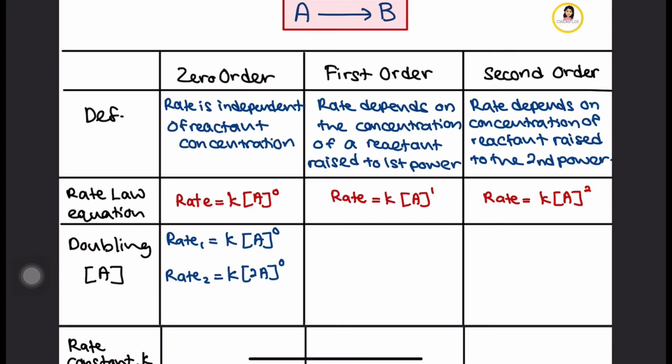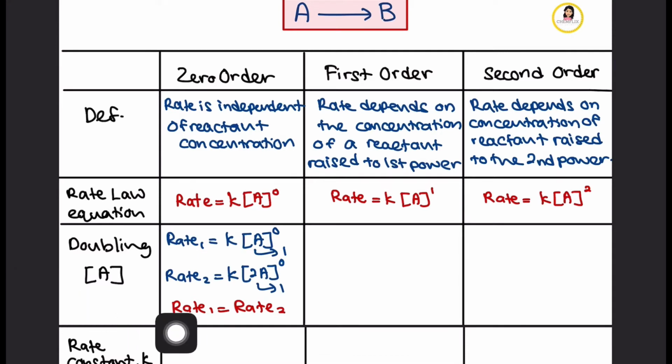Since anything to the power of 0 is equivalent to 1, therefore rate 1 will be equivalent to rate 2. Thus, for zero order reaction, doubling the concentration of reactant has no effect on the reaction rate.